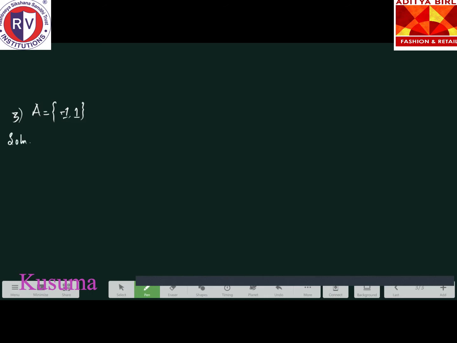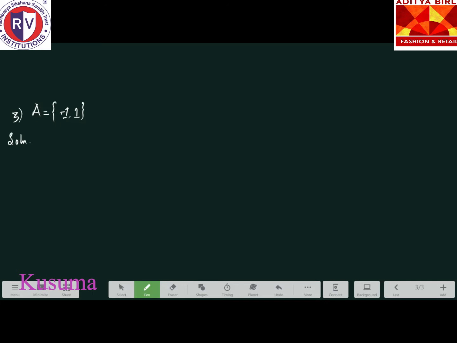Look at the options. The option A is the set of all x where x is an integer. So we know that there are uncountable number of integers. Only minus 1 and 1 are not the integers. There are so many integers. Therefore, option A cannot be the answer. And similarly, option C, that is, x is a real number.